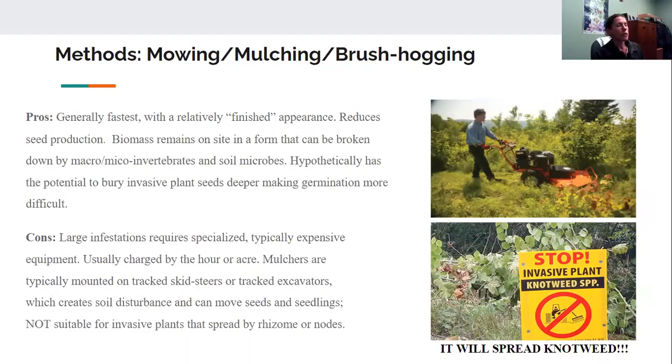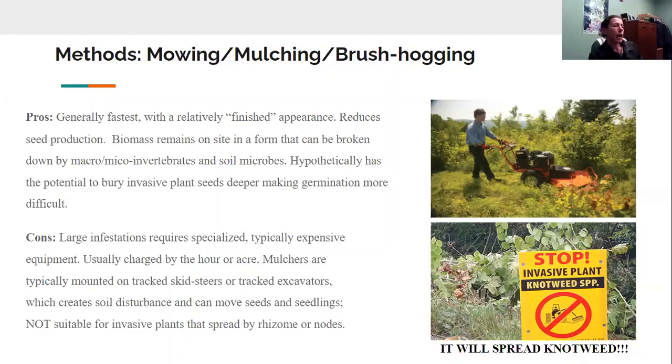So some pros for mowing is it's generally fast, especially if you're utilizing large machinery, and you end up with a relatively finished appearance. It will reduce the seed production if you mow at the right time.